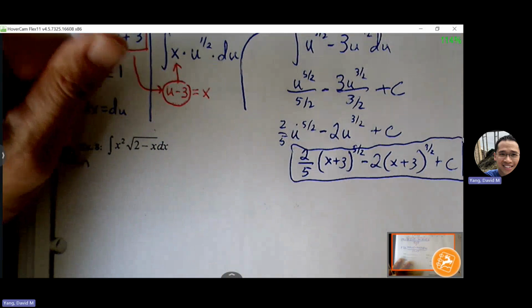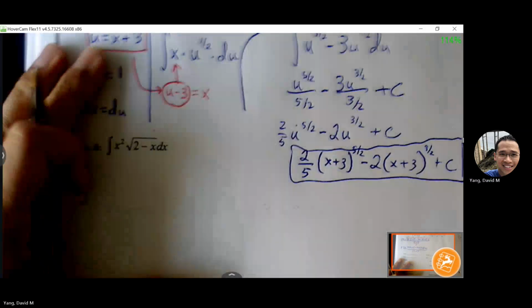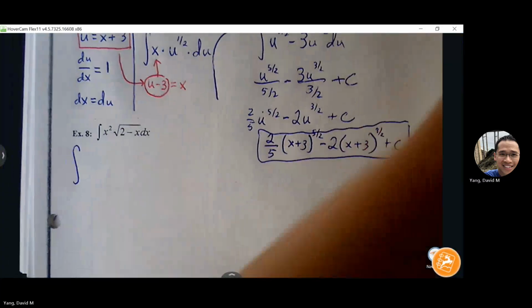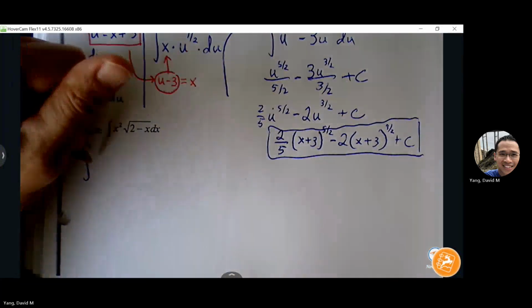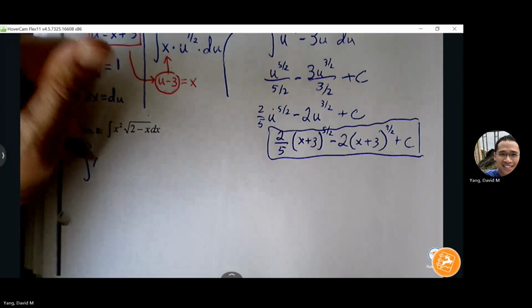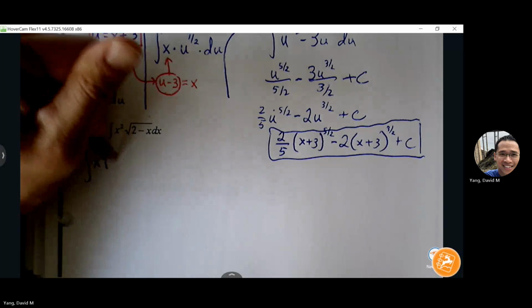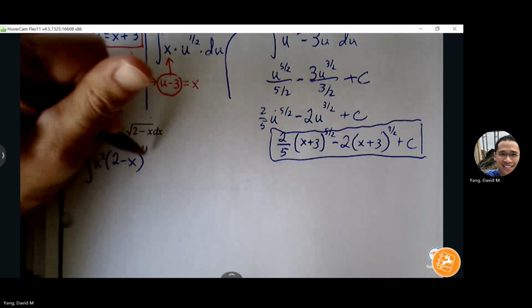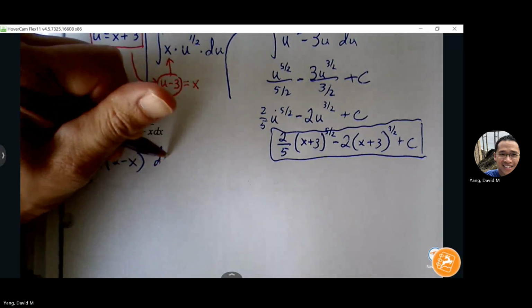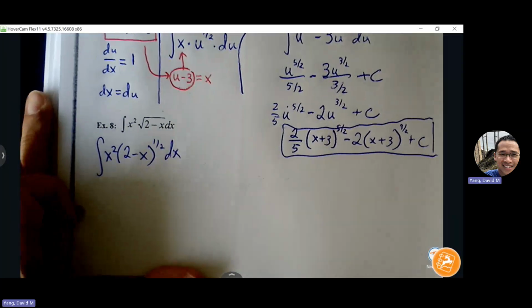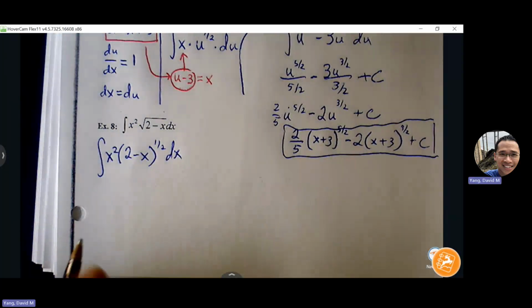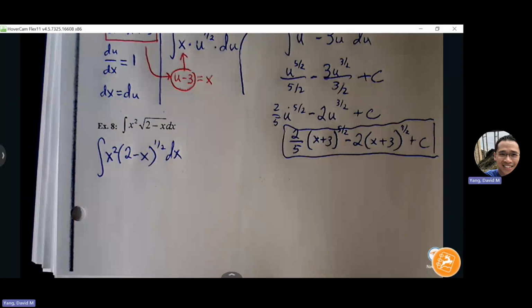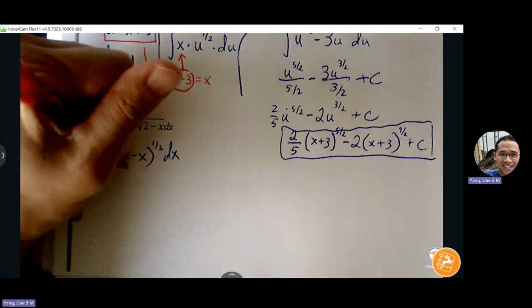Okay, example 8. I can't distribute. I do see a set of parentheses. What could be the u value? Right, now this seems strange, right?